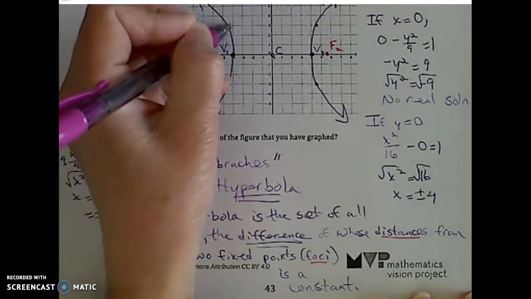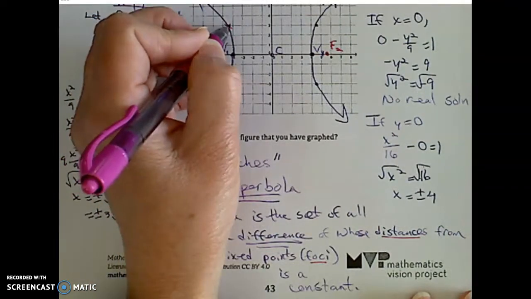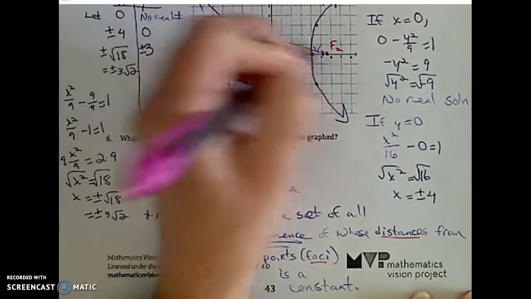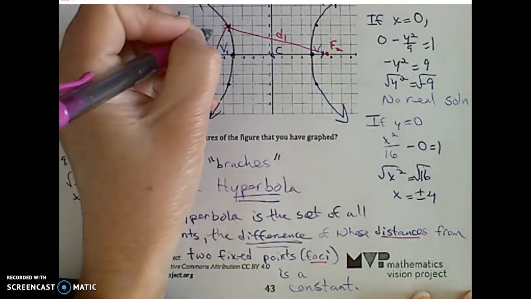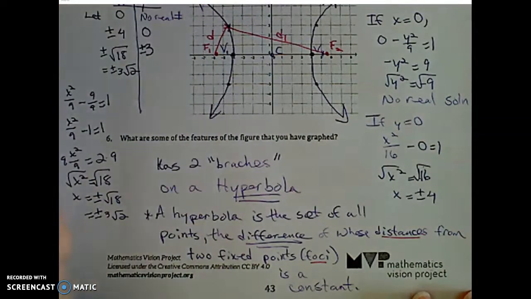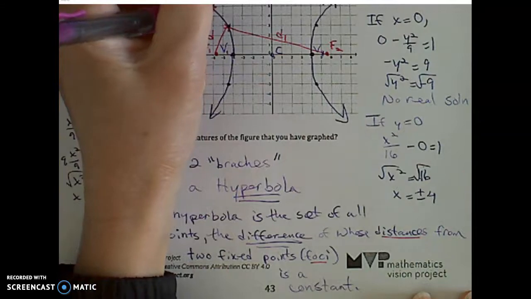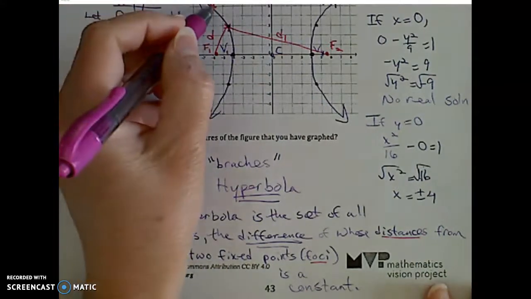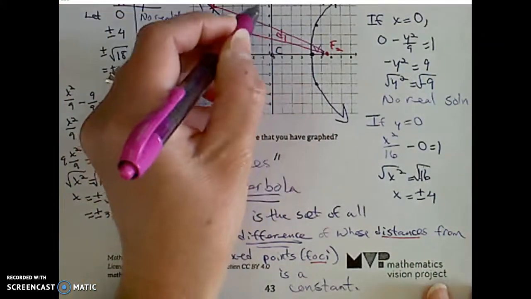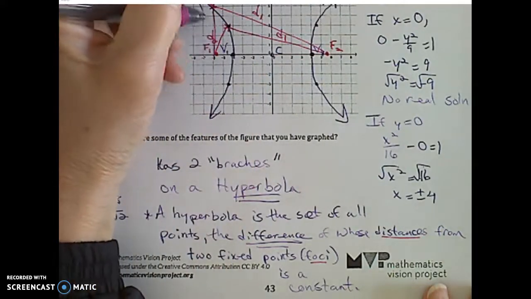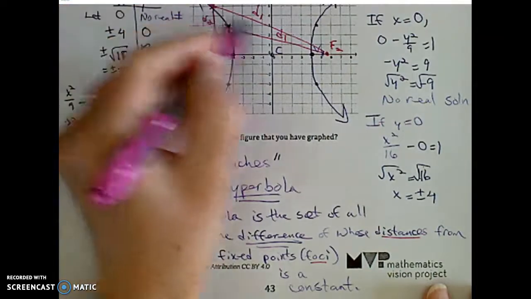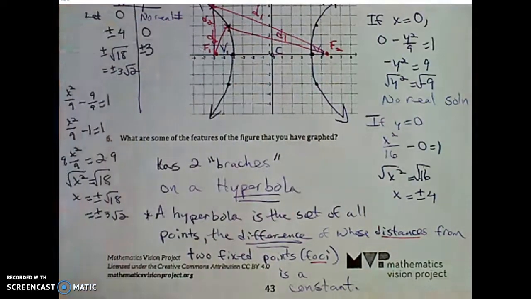If I pick this point on my hyperbola and take this distance, d1, and subtract this distance, d2, that will be the same as picking another point on your hyperbola, this distance, d1, minus this distance, d2. The difference of the distances from two fixed points is always a constant.